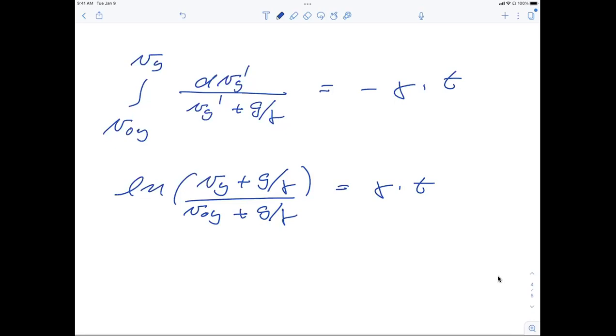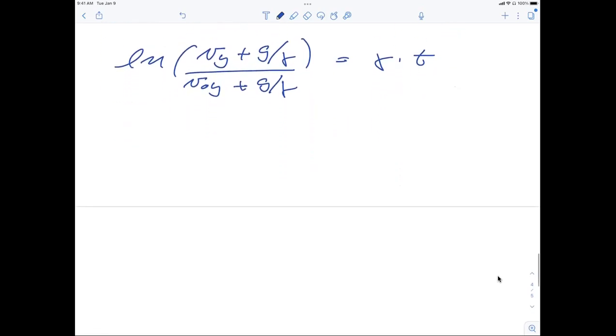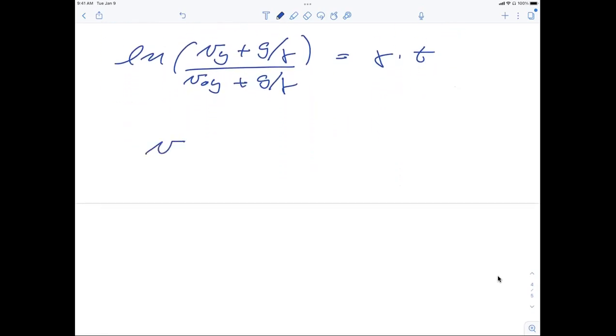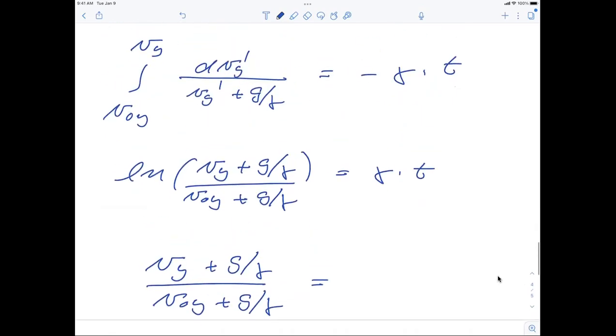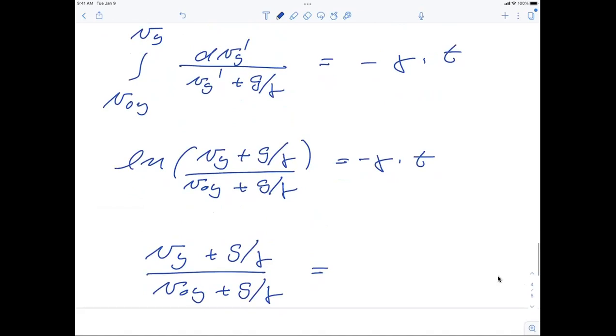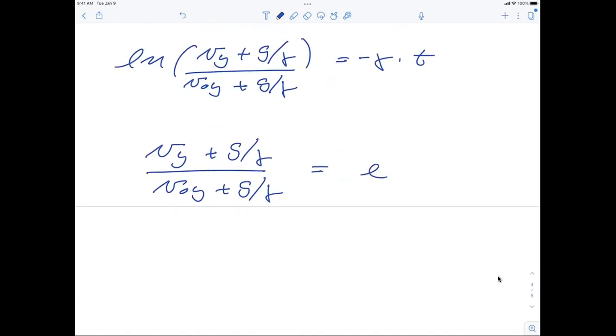So we get rid of the log function, the natural logarithm. So what we have then is simply v of y plus g divided by gamma, over v0y plus g divided by gamma, and that's equal to, this should actually have a minus sign here. I forgot that one, sorry guys. And this is e to the minus gamma times t.